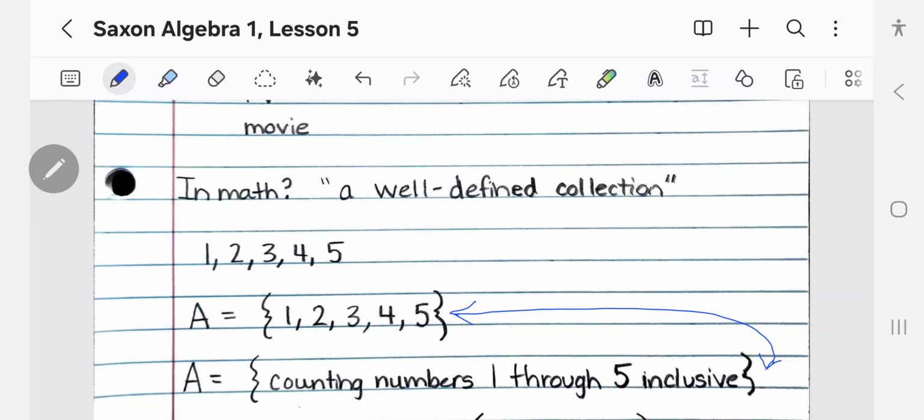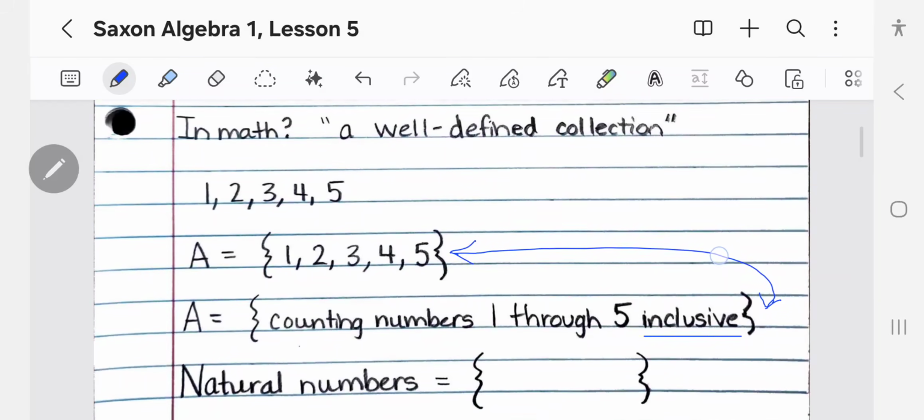You start at 1 and you go on up. So it's saying, I want you to use the counting numbers, but I only want you to do 1 through 5. And when they say inclusive, that means the endpoints like 1 and 5. Because I could say that I just want 1 through 5, and there would be a way to note it if you just want the numbers in between it, and we'll get to that later. So inclusive means we're including the endpoints, okay?